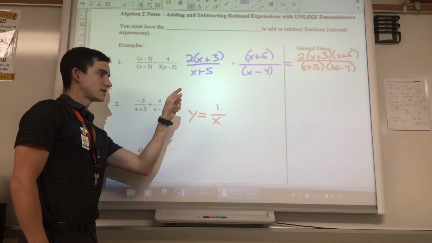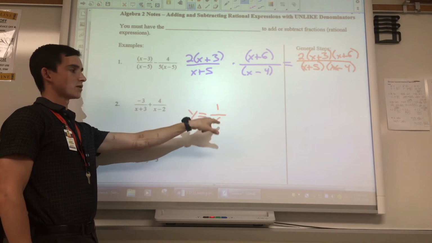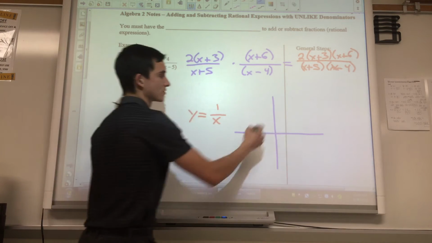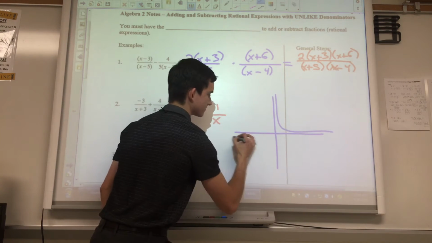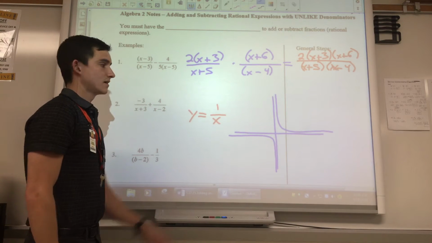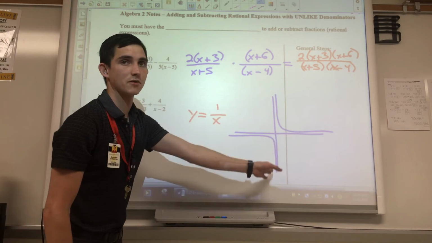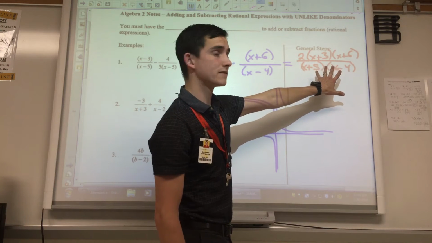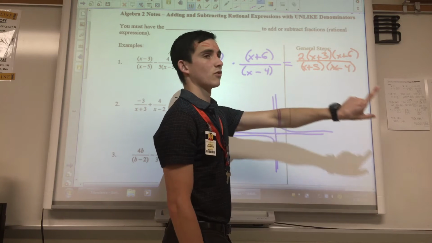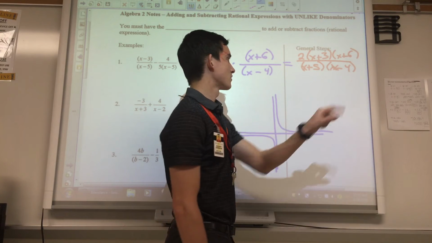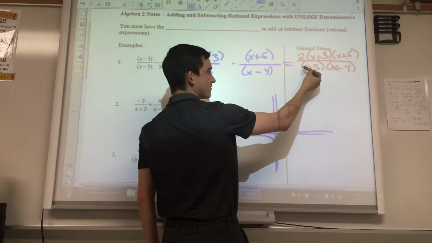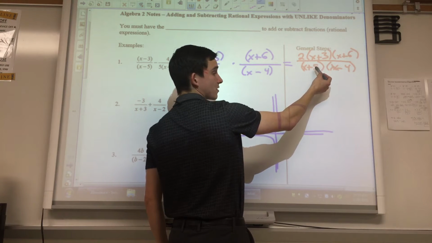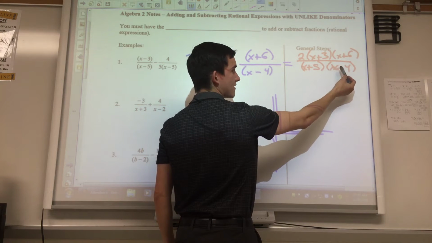We talked about the parent function of a rational is 1 over x, and because of that, you have a domain restriction when x is 0. So your graph looks like this, right? And you have a vertical asymptote on x equals 0. So if you leave it where it's factored, the benefit of this is it tells you, first of all, where your vertical asymptotes are. Okay? So for example, if x equaled -5 here, what's -5 plus 5? 0. -5 plus 5 is 0, and then -5 minus 4 is -9.